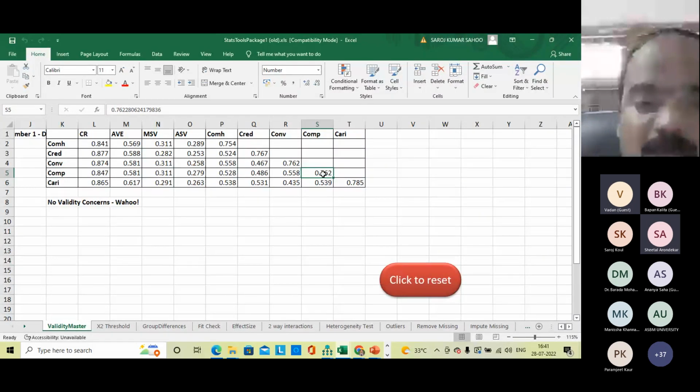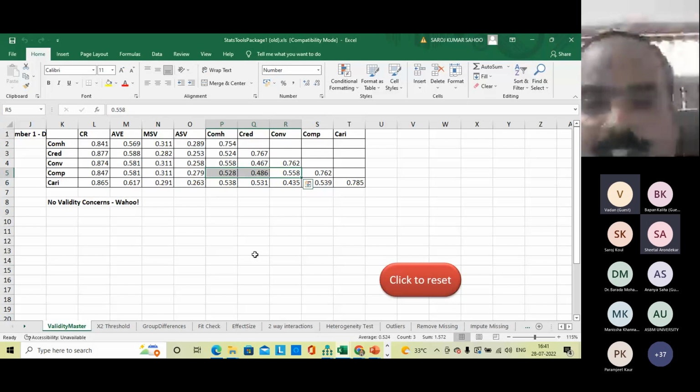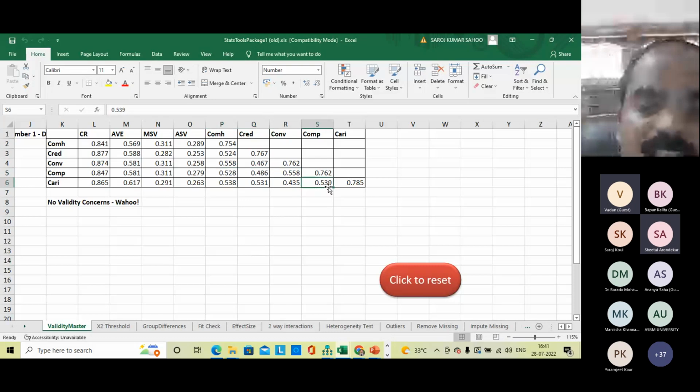Likewise, the square root of AVE for compatibility is 0.762. What are its respective off diagonal values? One is 0.539. The other three are 0.528, 0.486, 0.558. These four values are lesser than 0.762.